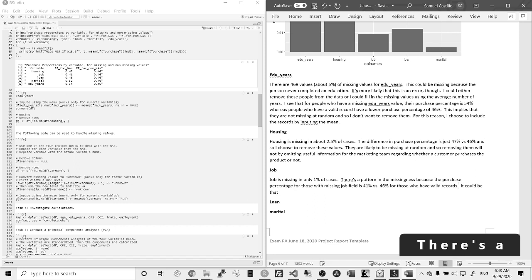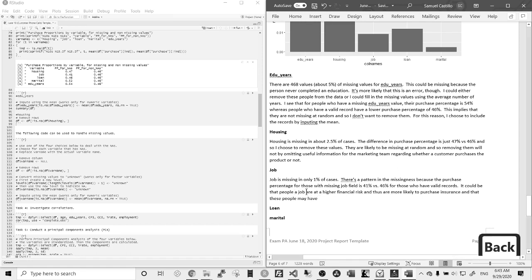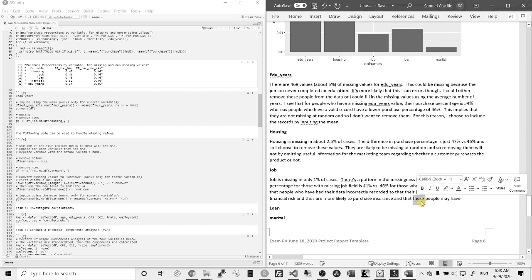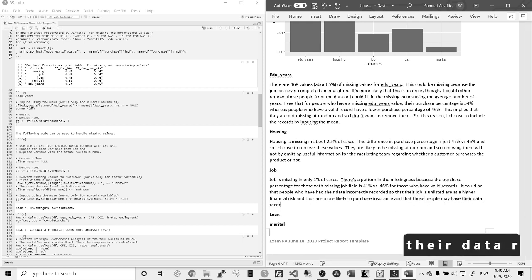So it could be that people who have had their data incorrectly recorded so that their job is unlisted are at a higher financial risk, and thus more likely to purchase insurance than those people who have their data recorded correctly. For this reason, I will fill in the values using other.